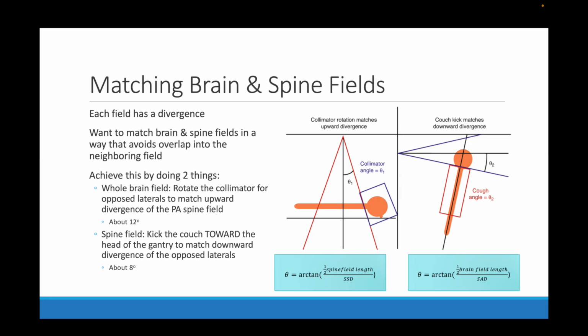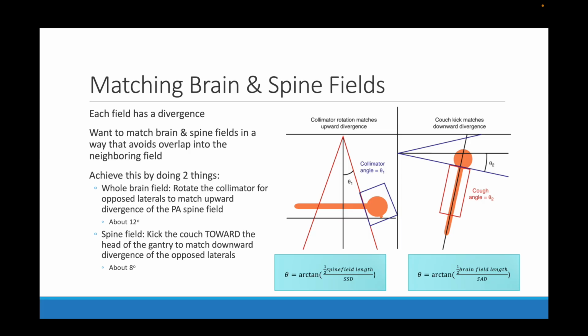And a visual representation of that is shown on the left-hand side of this table. See how we can see the PA field for the spine and its upward divergence, and then the collimator is rotated at a specific angle, so the bottom edge of our square kind of parallels that upward divergence that's created by the spine field.